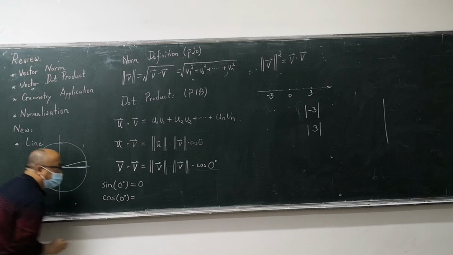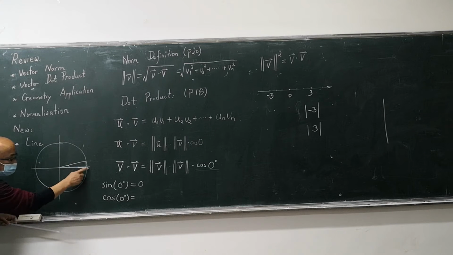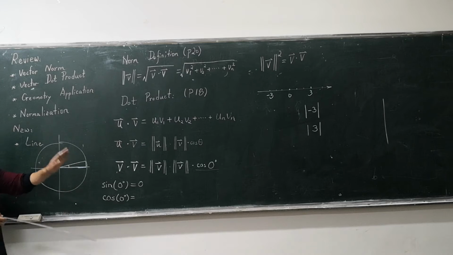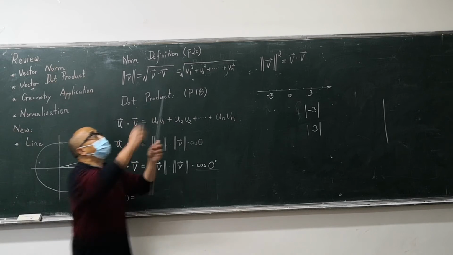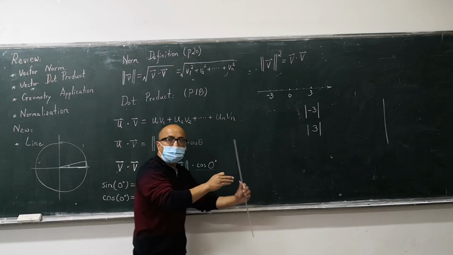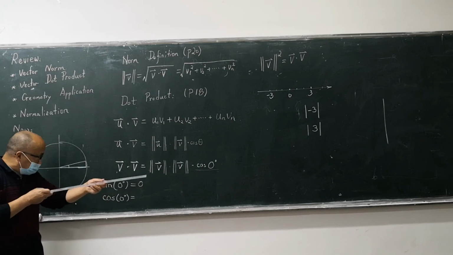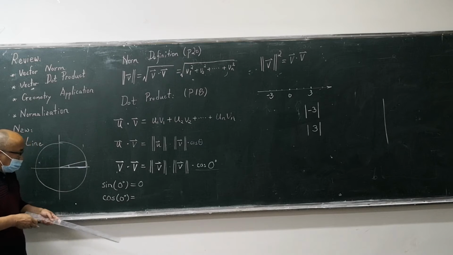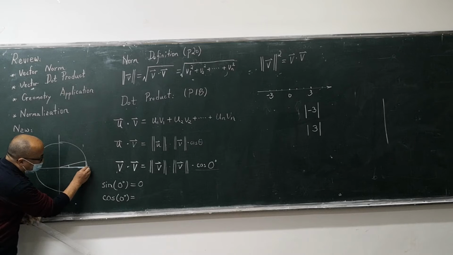Okay? What about cosine 0 degree? It is pushed to the furthest in the dome. If the movie screen is completely flat on the floor, then the movie is over here.